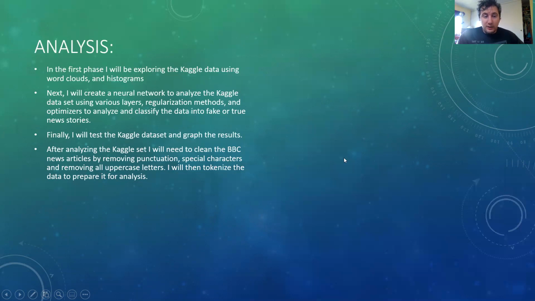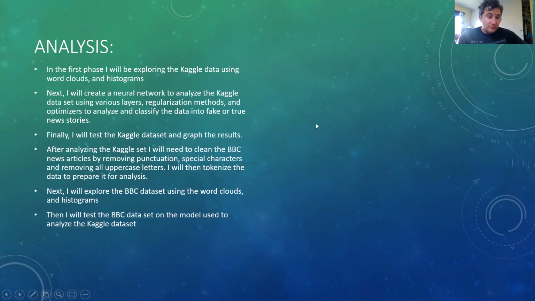So I'll be removing the punctuation, special characters, and tokenizing the data so that it can be read by the algorithm. Next, I'll be exploring the data set, and I'll probably explore the BBC data set around the same time that I do the Kaggle data set, so that I have everything together.